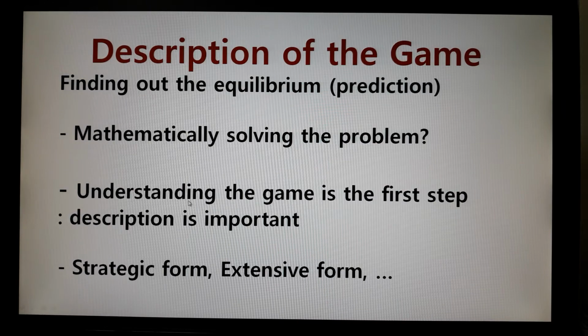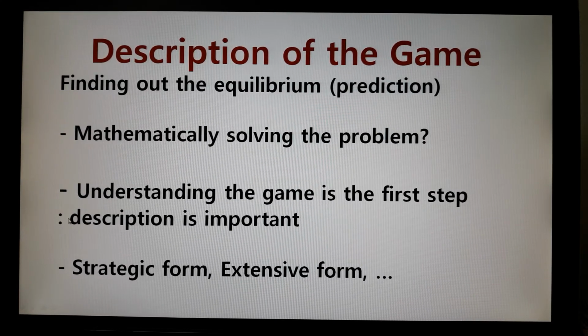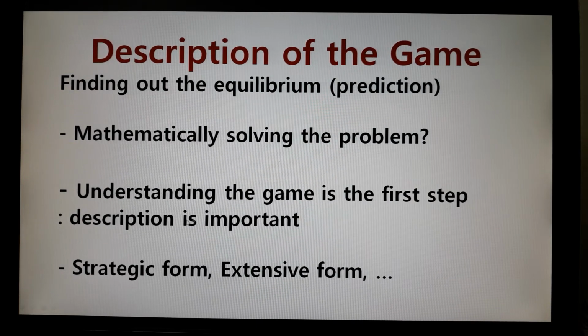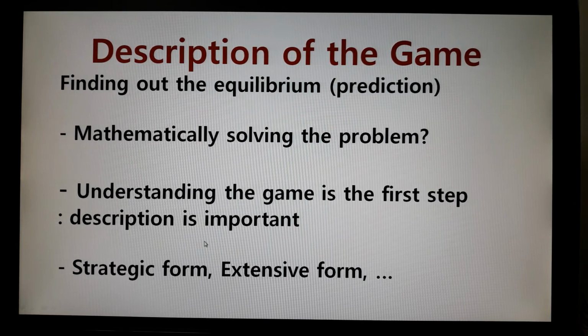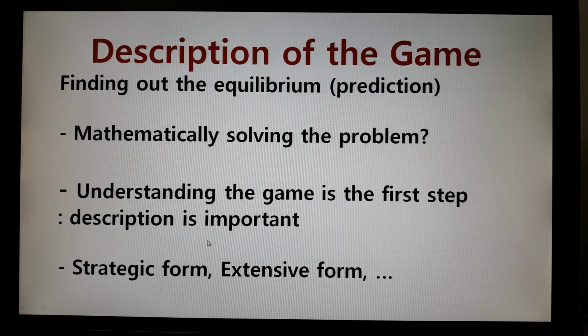So whenever you are finding out the equilibrium, which means mathematically solving the problem, understanding the game is the first most important step. If you misunderstand, the effort after that is totally useless. So describing the game is very, very, very important. Okay?